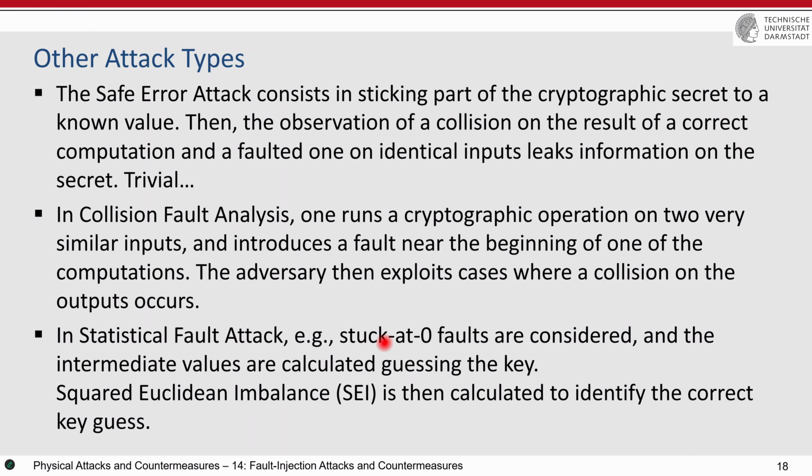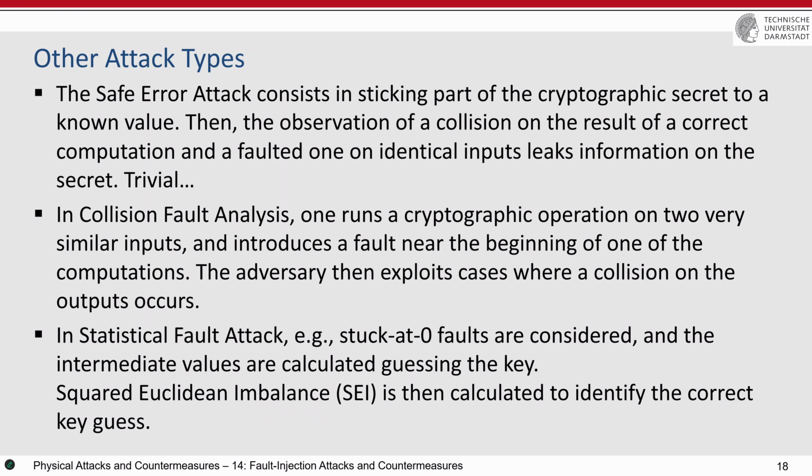It just looks at the faulty ciphertexts and knows that all of them should have the input of the S-boxes somewhere just zero, because you injected the stuck at zero fault. And then you calculate backwards for the key candidate and look at the distribution of the S-box input, and check whether this imbalance is higher or not.